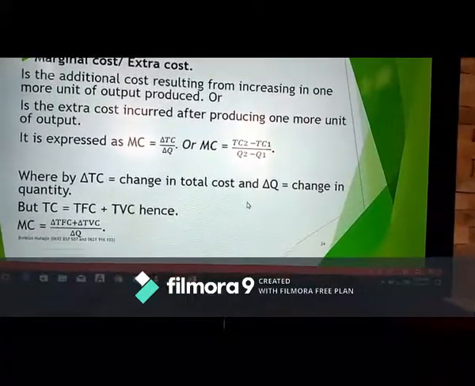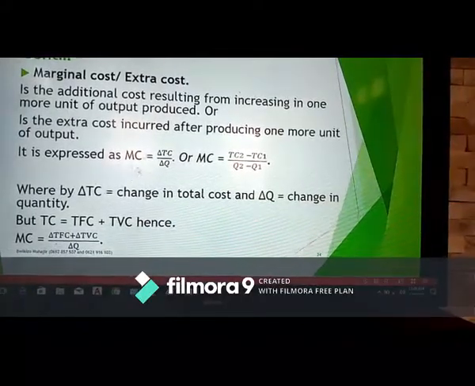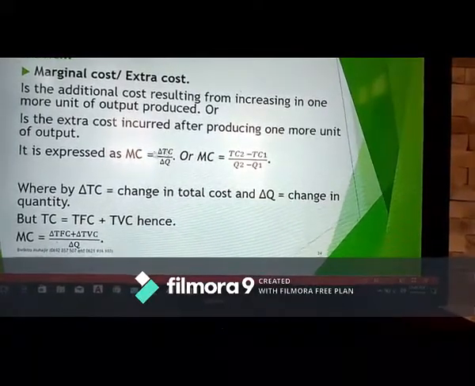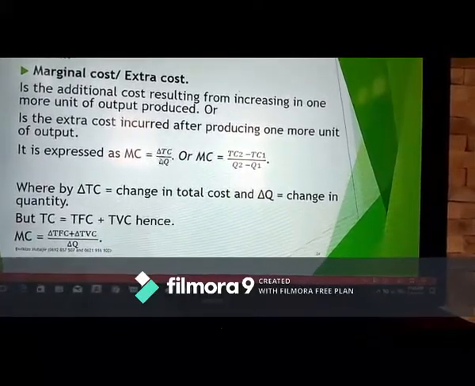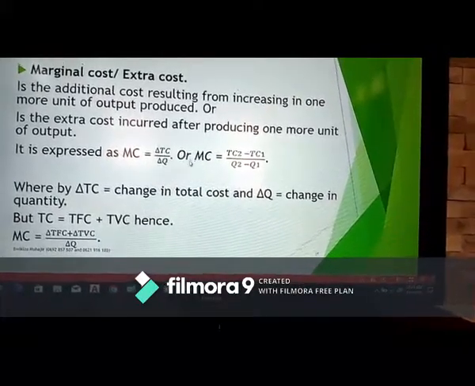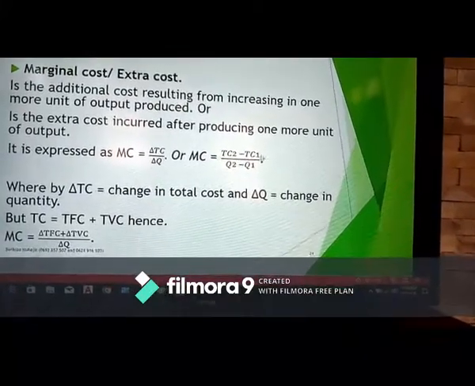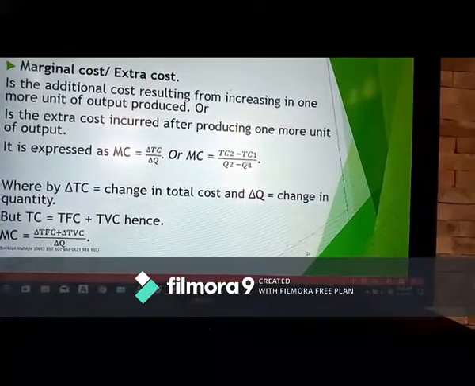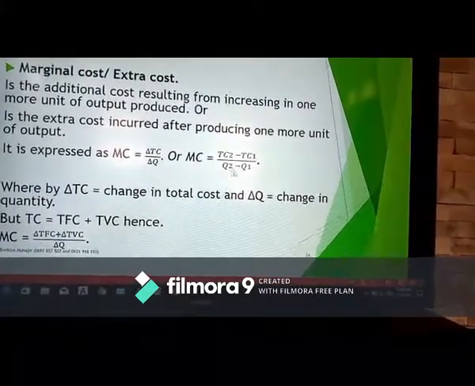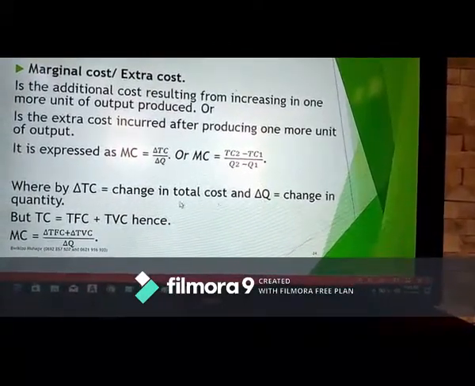It is expressed as follows: marginal cost equals change in total cost over change in quantity, where this symbol denotes change. Or marginal cost equals current total cost minus previous total cost, or simply TC2 minus TC1 over current quantity minus previous quantity, or Q2 minus Q1.